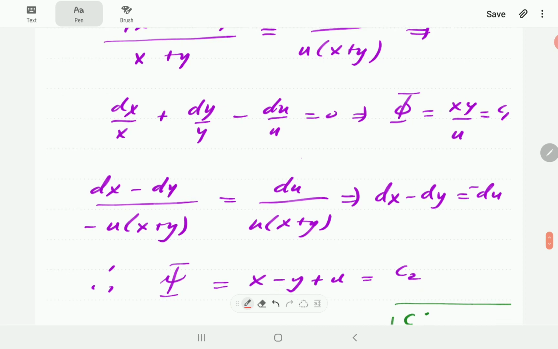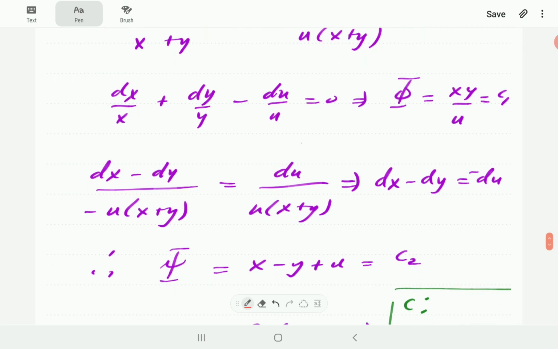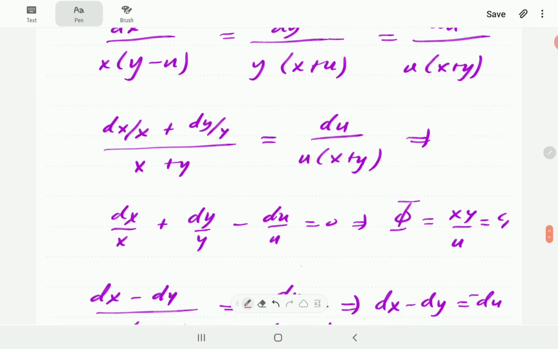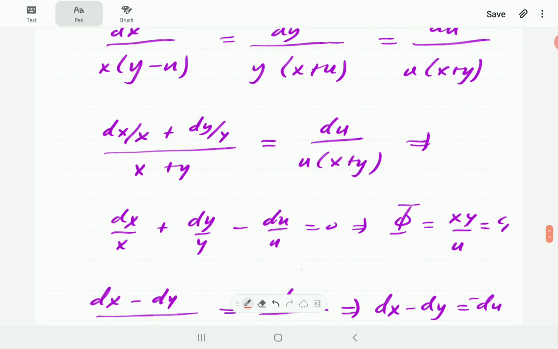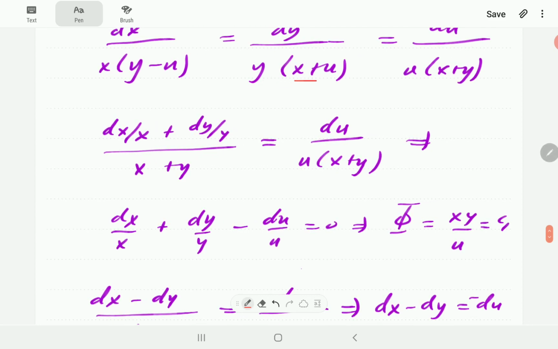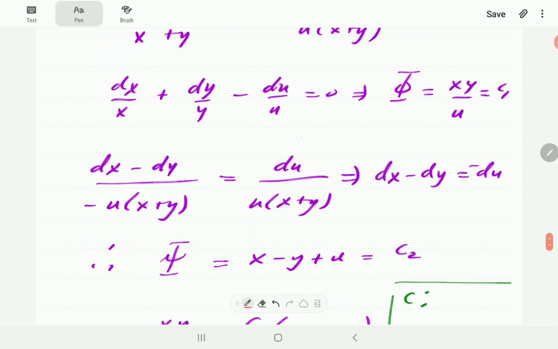And then for the second combination, if we subtract the first two terms, dx minus dy, then again the xy terms are going to cancel out. Then in the denominator again, we're going to have negative u times x plus y, which is similar to what we have for the last term.